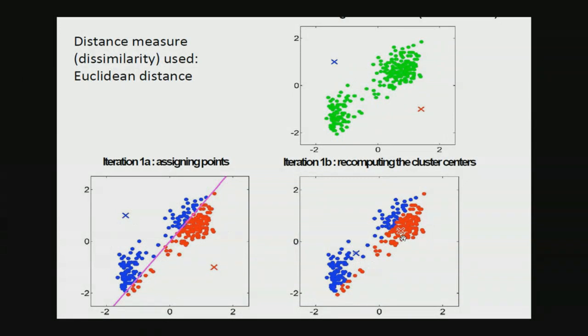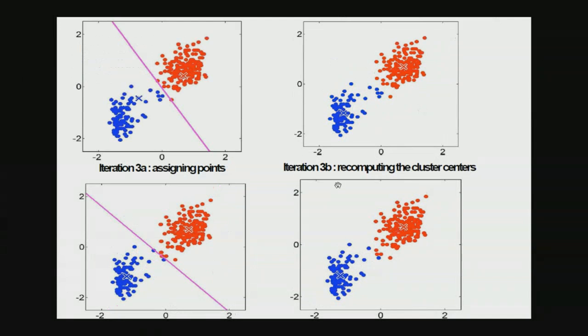Then we start the second step of clustering. We similarly calculate the distances from all these dots to the red cluster center, and to the blue cluster center, we pick the smallest distance between the 2, and then regroup the data points and color them.